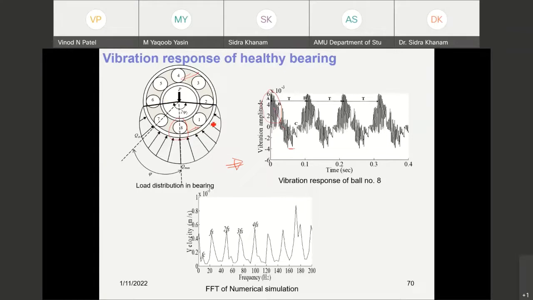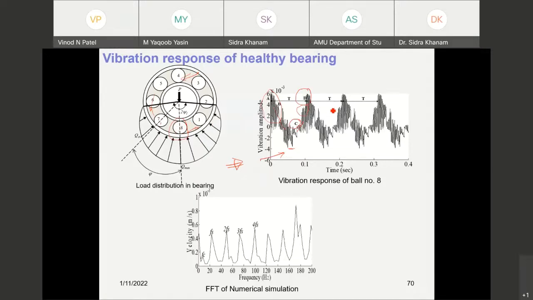When it enters again over here, the vibration amplitude starts increasing from this particular point. When it reaches here again, the maximum amplitude will be there. So based on the equation which we derived, this particular displacement diagram for this ball has been taken.